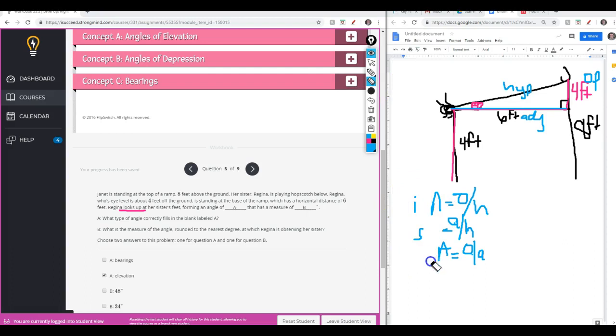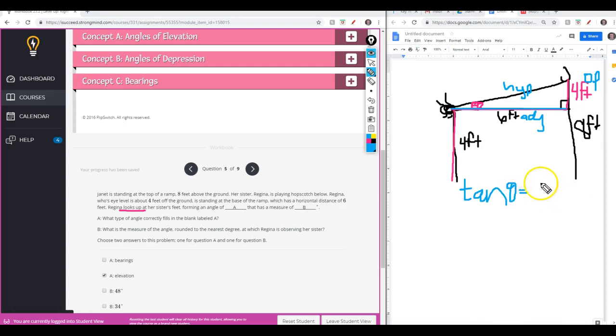So now we have tangent of our angle, which we don't know, so tangent of our angle is equal to the opposite side length, which is 4 feet, divided by 6 feet.